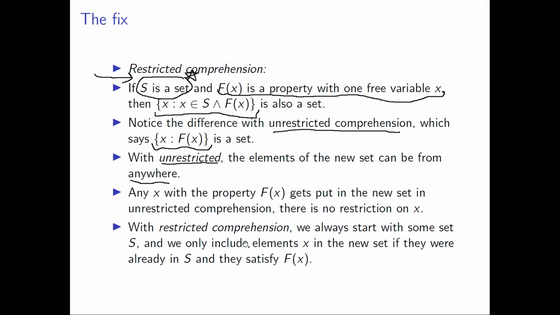So we always start with some set S, and we only include elements in the new set if they are from S and they satisfy this property f. And if we do that, then that gives us a set, as far as we know. Of course, it's always possible that someday someone might find some contradiction with the current axioms of set theory, but as far as I know, so far they have not.